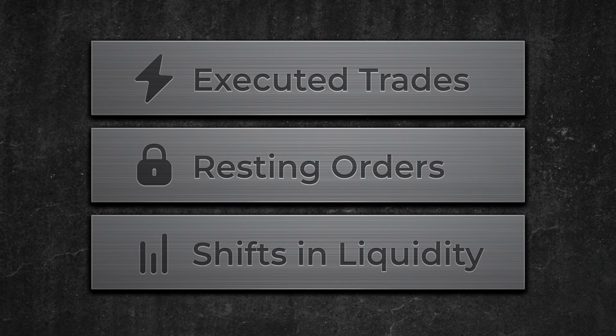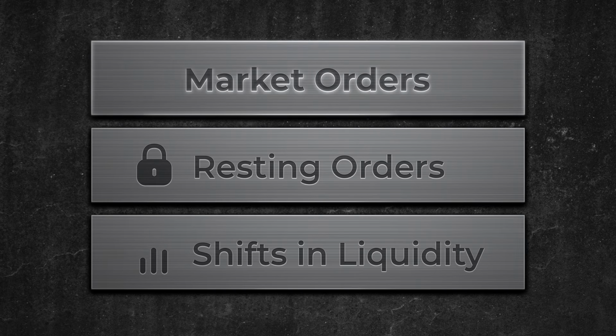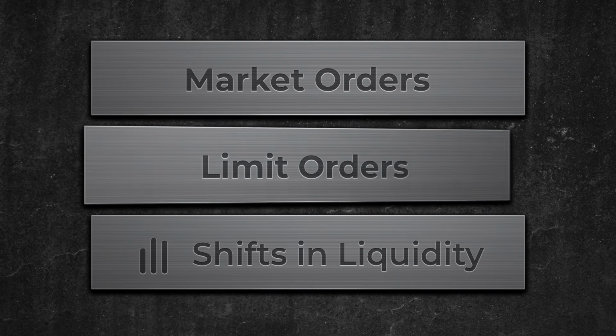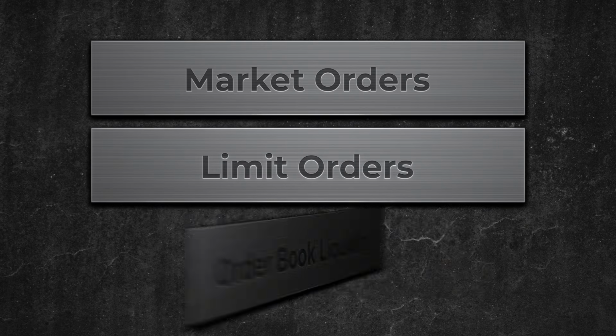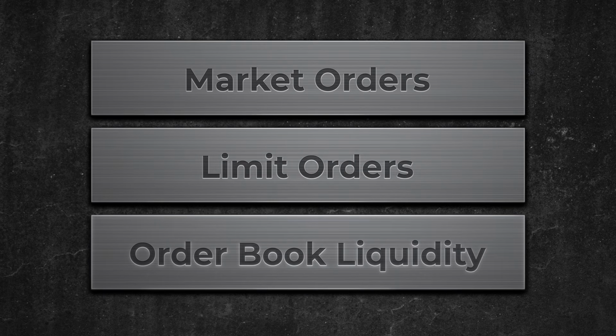At a high level, order flow analysis looks at three things: market orders hitting the bid or the offer, limit orders waiting to be filled, and changes in liquidity across different price levels. This approach differs from traditional technical analysis, which often relies primarily on past price data. Order flow doesn't attempt to predict future prices, it reacts to real-time participation and helps you interpret what's happening as it unfolds.